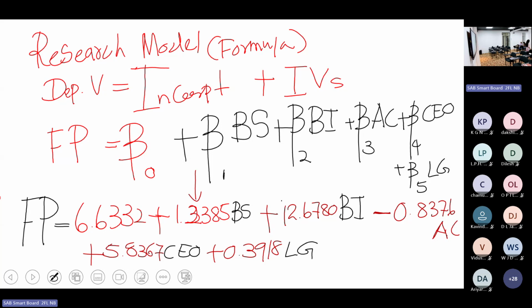Write it down, beta 0: the factors not identified in the model will create 6.632 times impact on the financial performance.